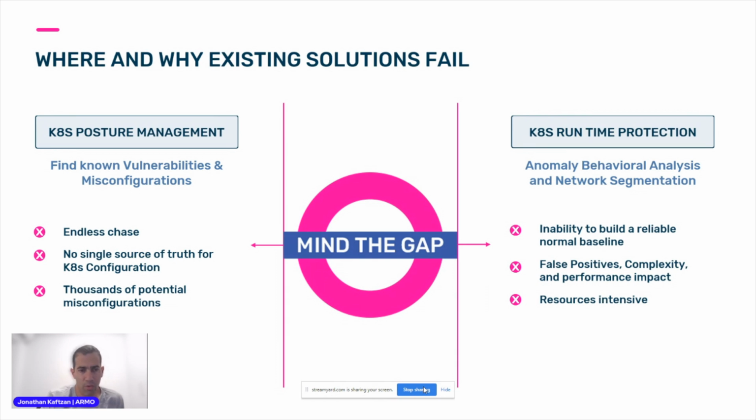Also, when we're dealing with configuration, today there is no single source of truth of how Kubernetes needs to be configured. There are different best practices, different frameworks, different guidelines, and we all know that Kubernetes is pretty complex when it comes to the way that you set it up and configure it, right? Kubernetes was not designed with a security mindset from the get-go.